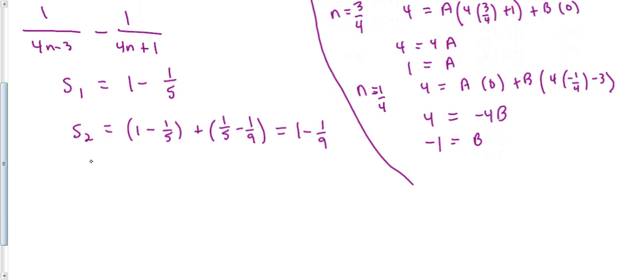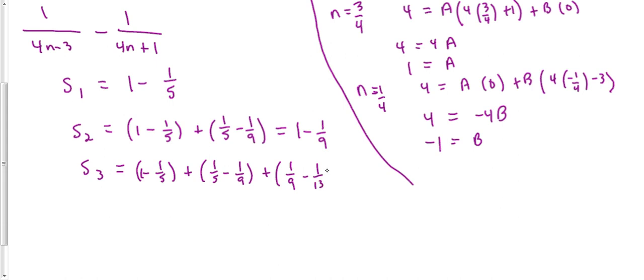If we go to the third order partial sum, we're going to have 1 minus 1/5 plus 1/5 minus 1/9 plus 1/9 minus 1/13. The fact that these inside terms end up canceling is where the telescoping part of telescoping series comes from.